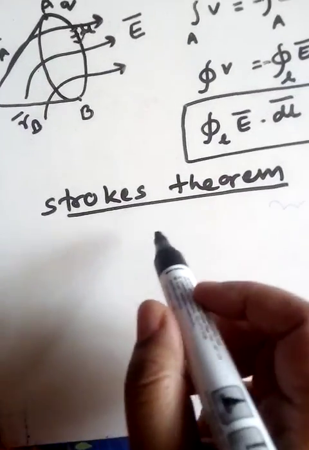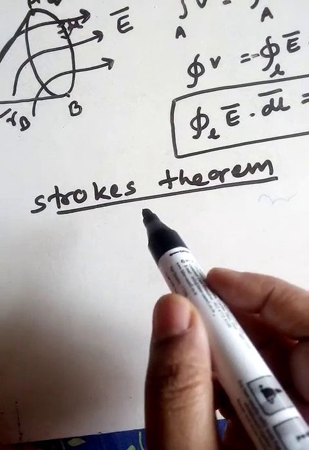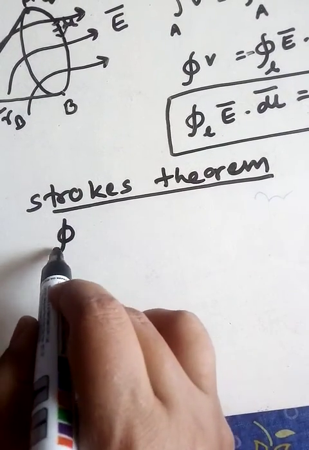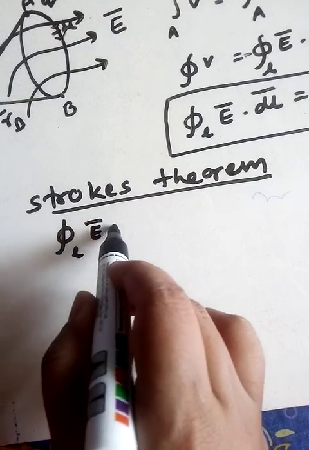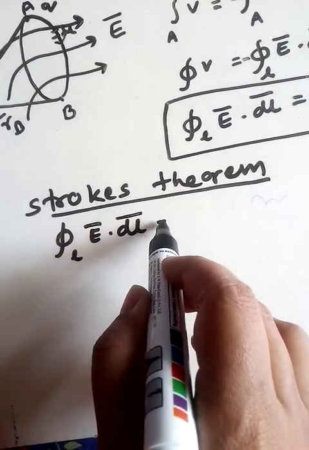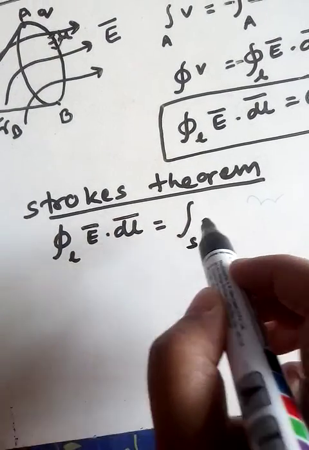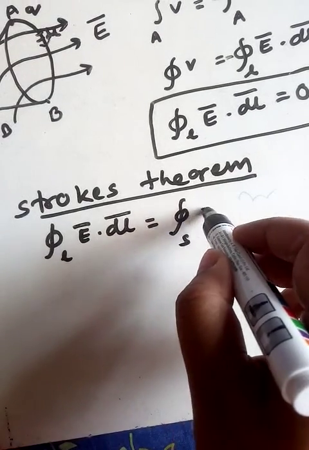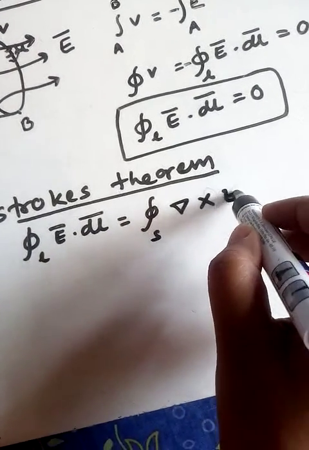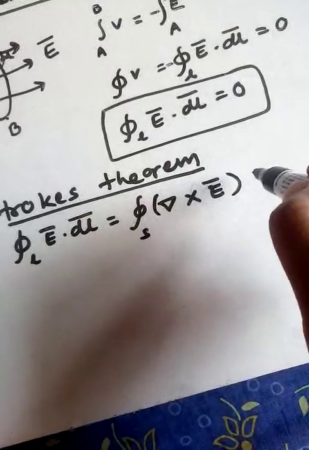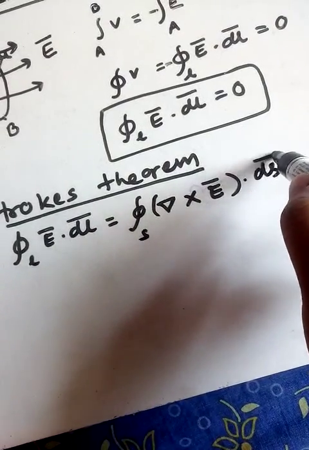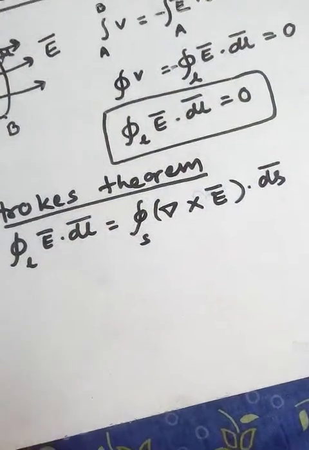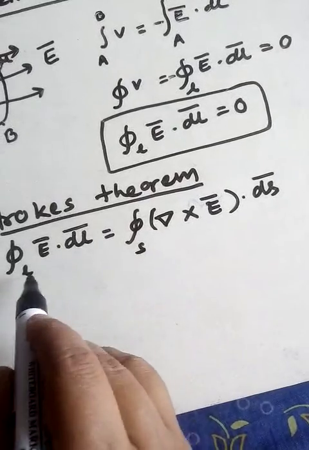It converts a line integral into a surface integral. This line integral of E dot dl can be converted into the surface integral of curl of E dot ds. Okay, so we can replace this.